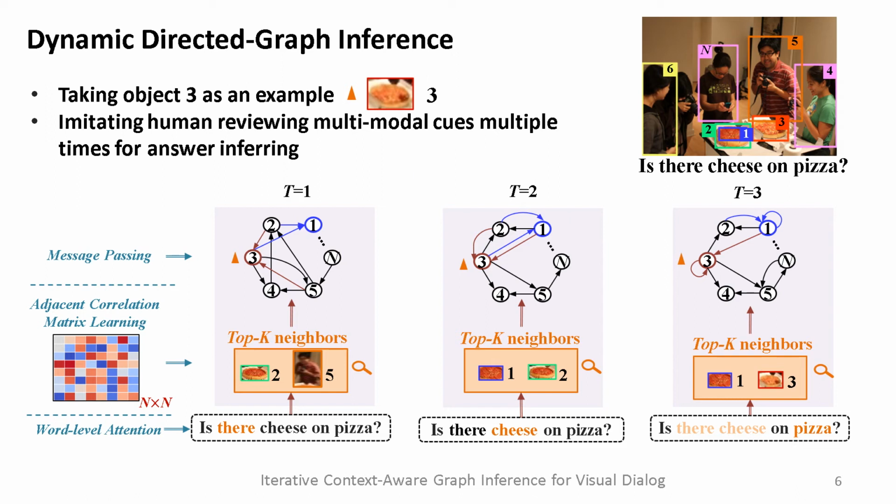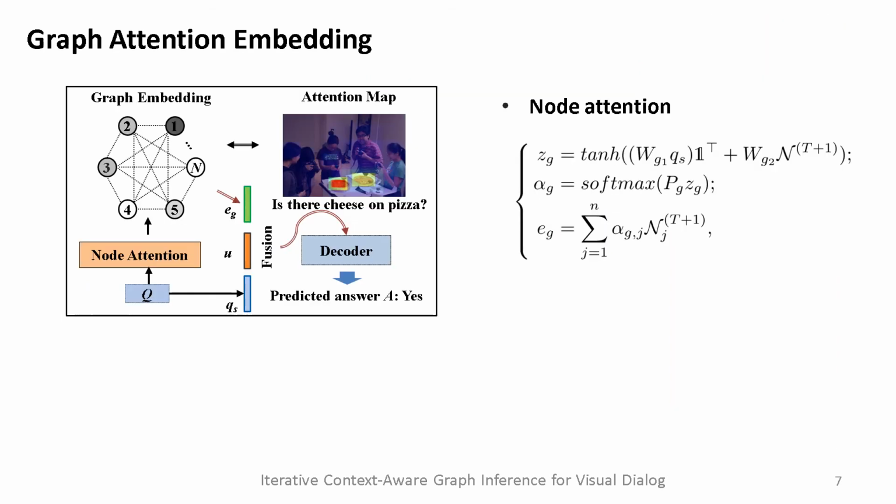Finally, the positive relations among the nodes will be activated by message passing. As questions usually pay attention to a small part of the objects in the image, here we apply a graph attention to pick up more relevant nodes for the answer.